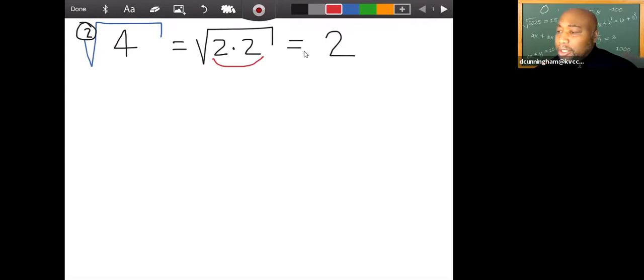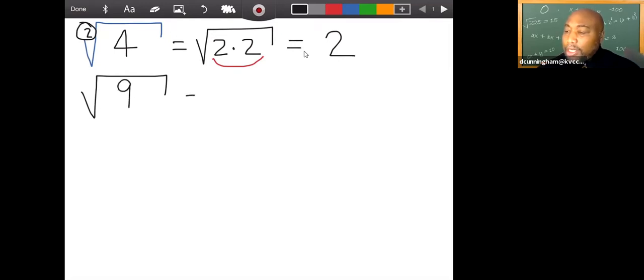For example, let's look here. This would be the square root. And I'm not going to put the 2 there because anytime you have the square root, we already know that means square root. If we have another index, I'll write that. But if I don't write the index, it's always the square root. So what is the square root of 9?